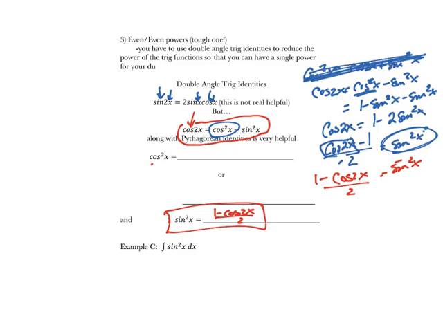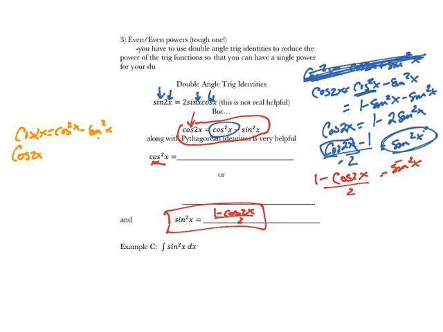All right, on the flip side, if I want to have cosine squared x, I start with my cosine 2x equals cosine squared x minus sine squared x. And if I want to solve for cosine squared, that means I need to change the sine squared into cosine squared.